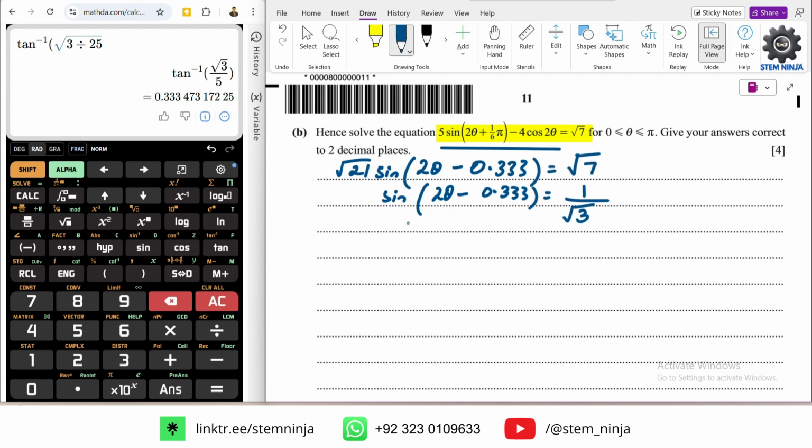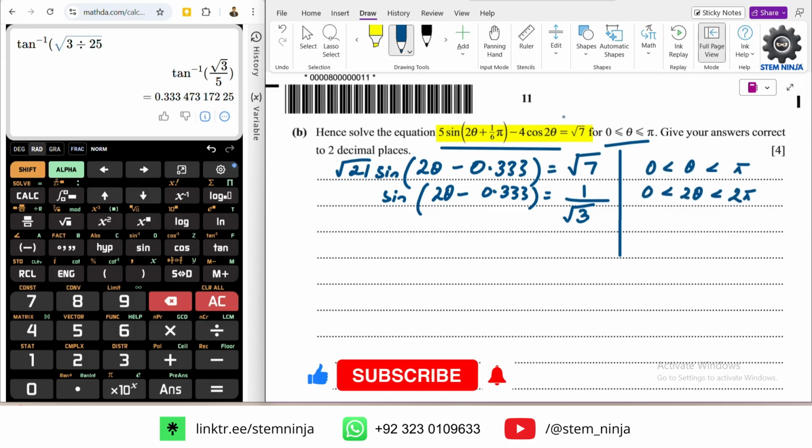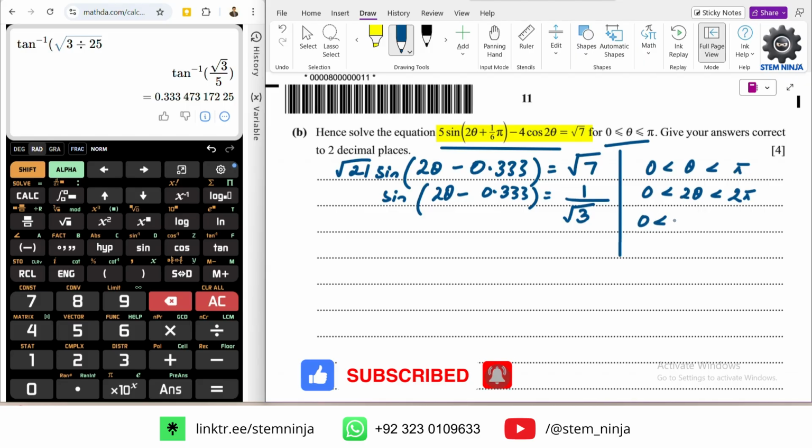Right, so now we need to do the sine inverse. Just to make sure that we have the range correct, 0 less than theta less than pi, when you multiply by 2, this becomes 0 to 2 theta less than 2 pi, minus 0.333.